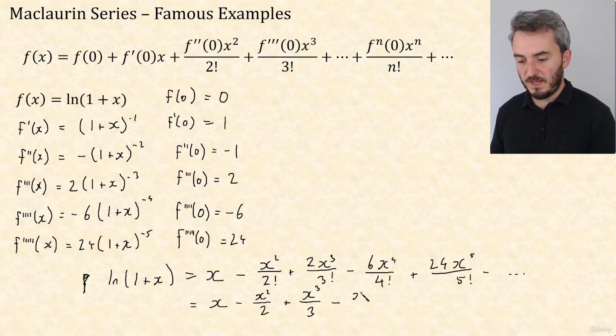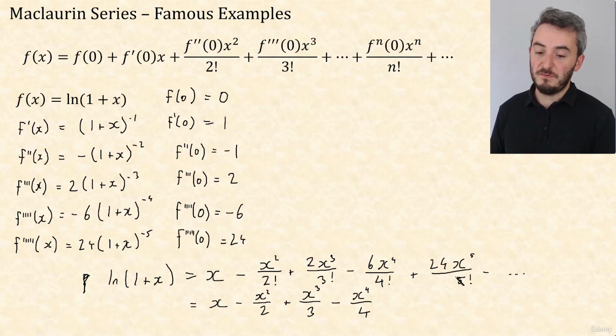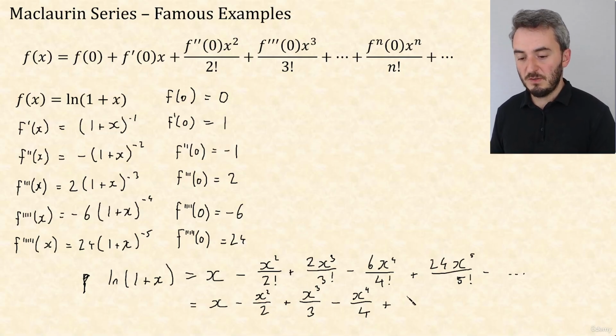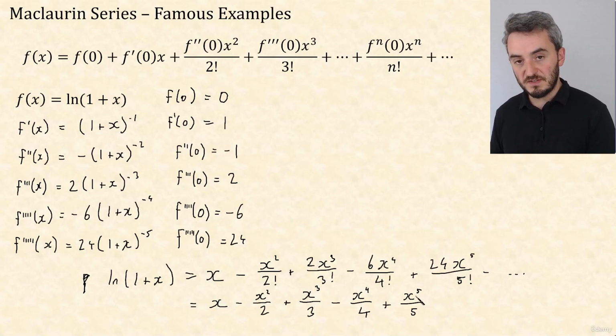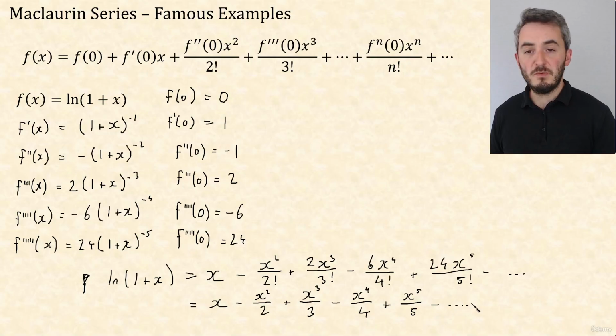So minus x to the 4 over 4. If you know your factorials, you'll know that 5 factorial is 120. And 24 over 120 is a fifth. And you'll see there's this beautiful pattern here. x minus a half x squared plus a third x cubed minus a quarter x to the 4 plus x to the 5 over 5, and so on. So another beautiful pattern there.